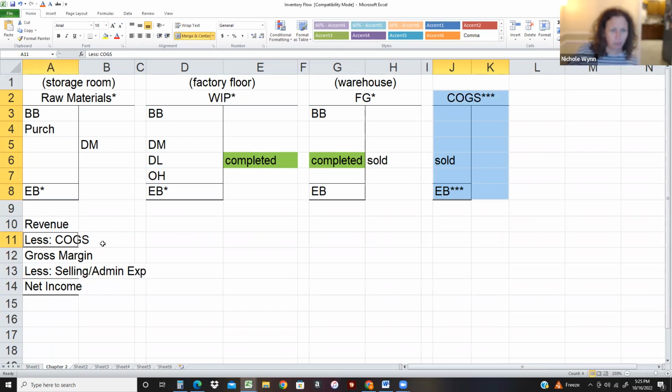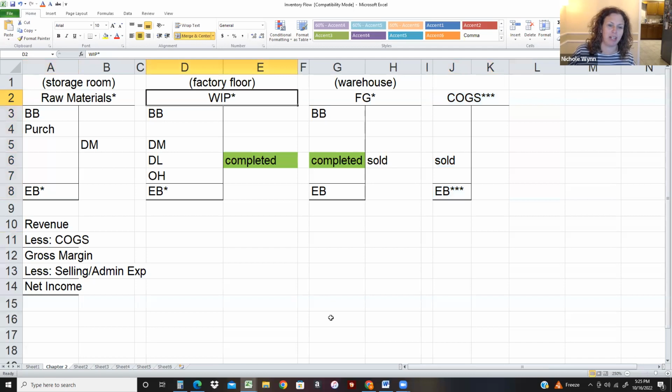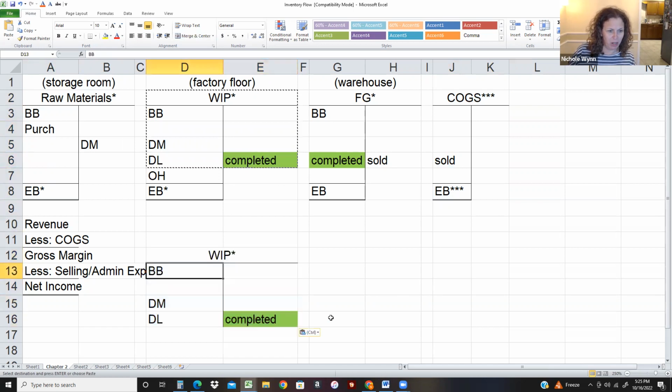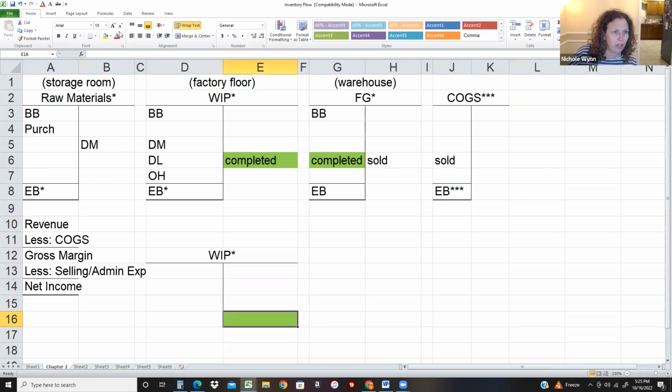As we start chapter 3, we have a new T account and its name is overhead. So I would come down here and build an overhead T account. I'm going to get rid of that green color. This is MOH. Over on the debit side, we'll put actual, and on the credit side, we'll put applied.